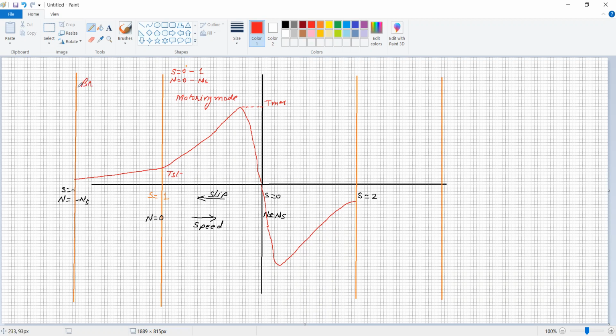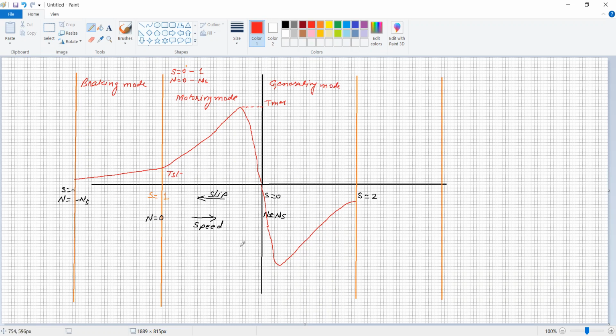The region where the slip becomes minus and the direction of rotation is opposite, so speed is equal to synchronous speed but in the opposite direction, is a braking mode. Whereas this mode is called the generating mode or induction generator.